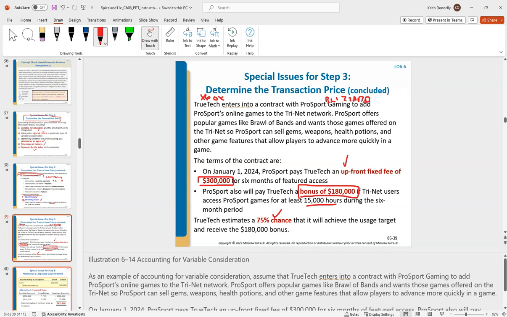So what's going on here? Hey, Xbox, we'll give you 300 grand up front, and if you meet certain criteria, then we'll give you 180 on top of it. And Xbox thinks there's a 75% chance we're going to meet that criteria.